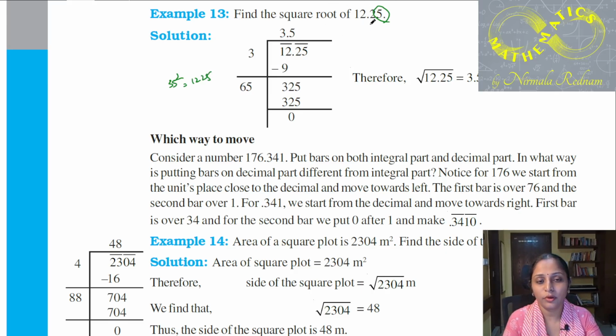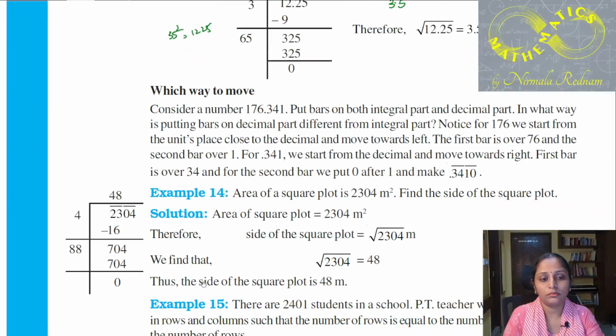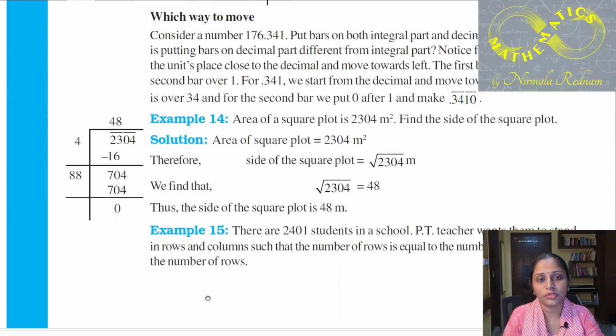Here you have to find the square root whenever you have 25. If you look at this, you can immediately see that it's 3 into 4. So you know that it is 35 and there are 2 decimals here. So the square root will have 1 decimal. So that way you can even cross check, right?